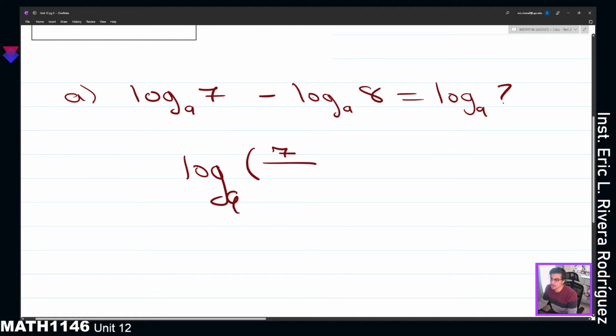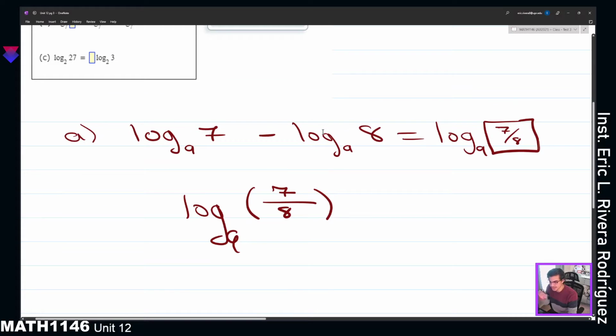The second logarithmic function is the one in the negative term, so 8 will become the denominator. So this is 7 over 8. That is the argument. So what is missing is 7 over 8, and in this exercise, we used the quotient property.